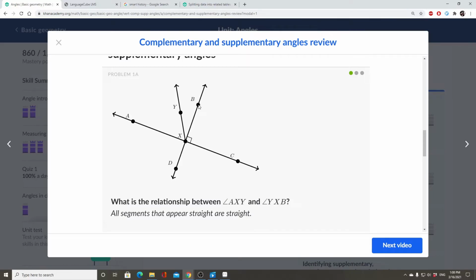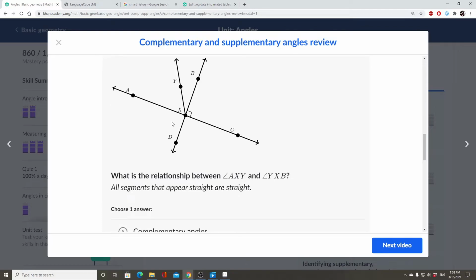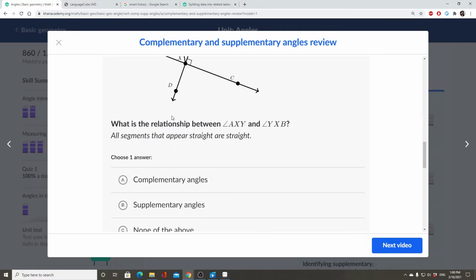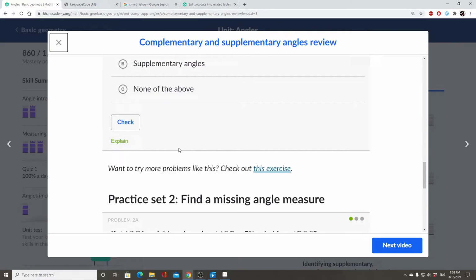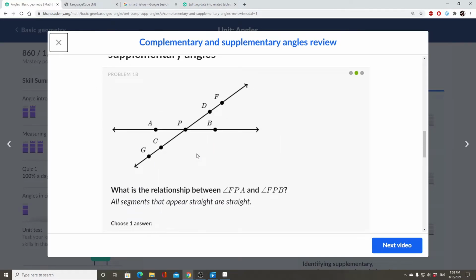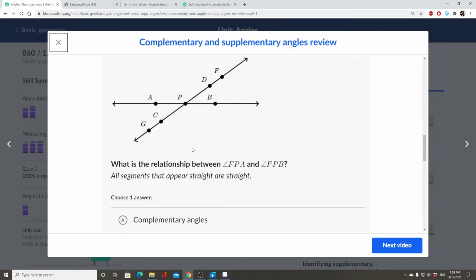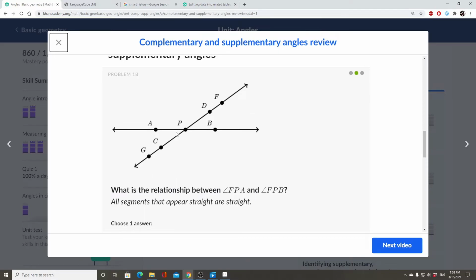Well, those are complementary because that is a 90 degree angle, like if we're looking at the distance at this angle here. Okay, so complementary, right? Because that's 90 degrees. Yeah, cool. All right.